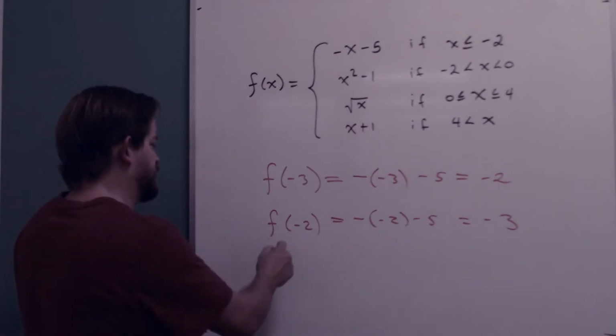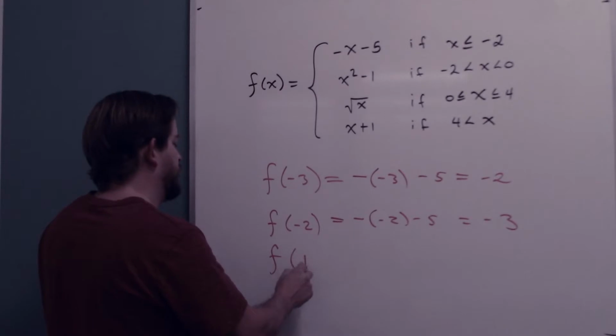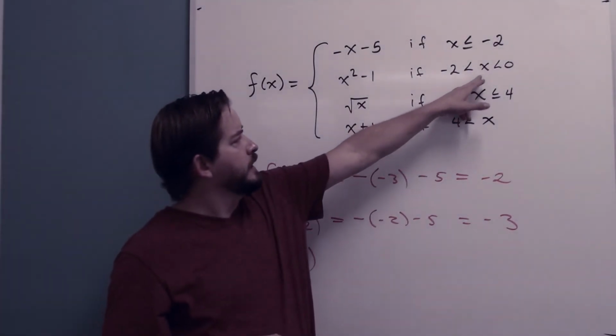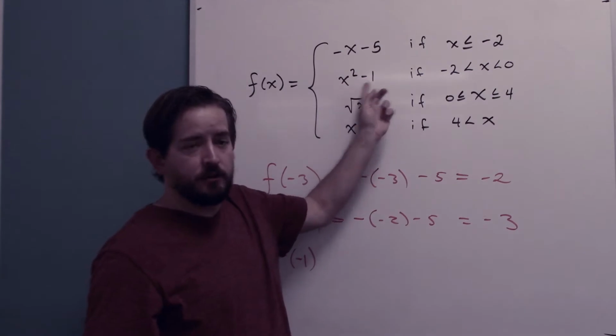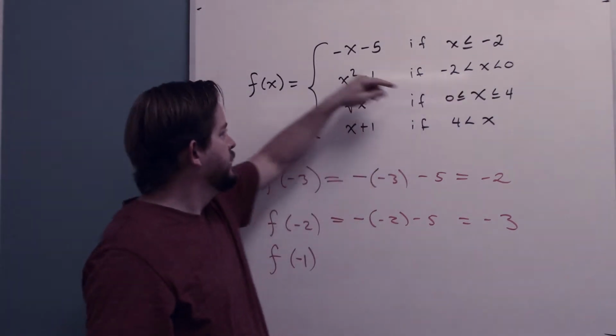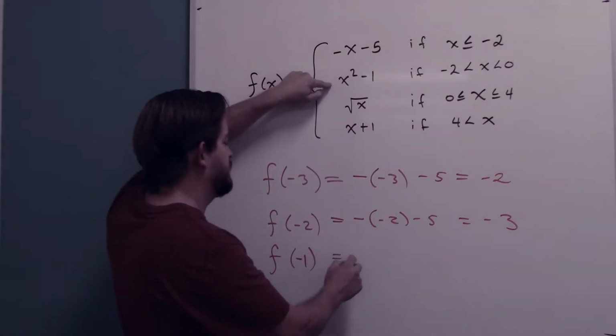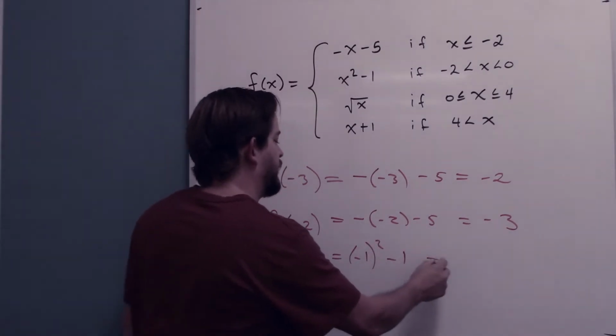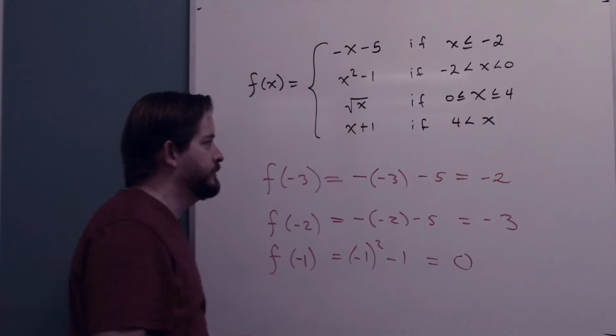And then I think they just keep moving on here, so like f of -1. We would plug that into this piece because it fits this criteria, so -1 gets squared, and then minus 1, so that's 1 minus 1, which is 0.